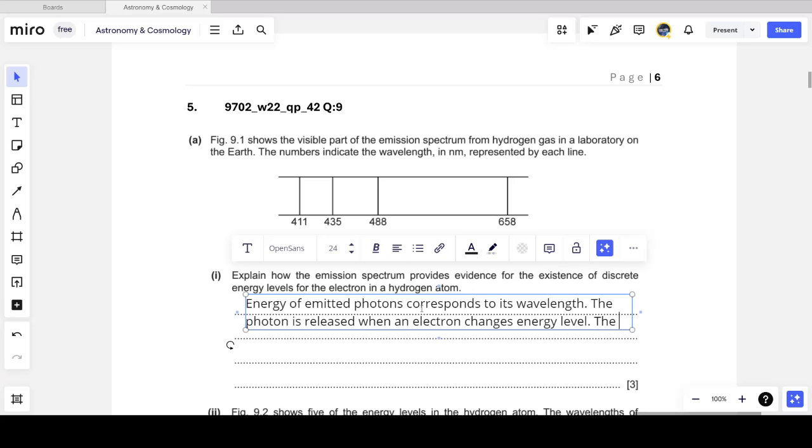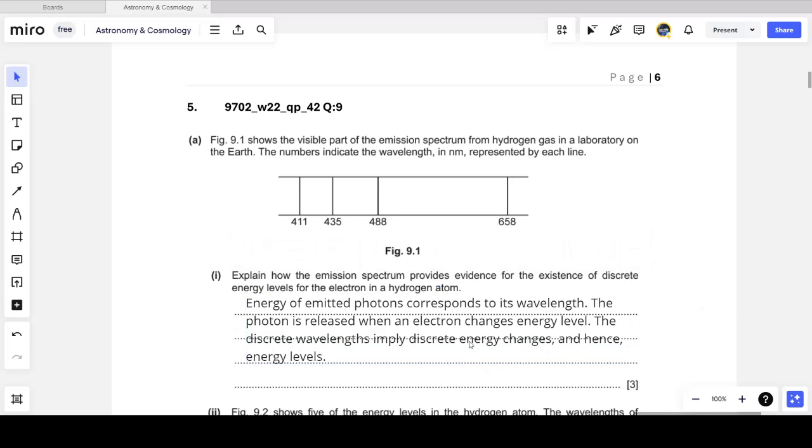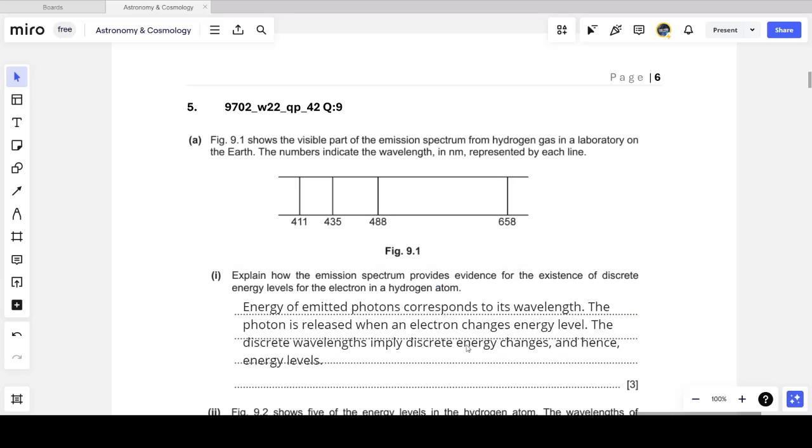So what this means is that the discrete wavelengths that we see imply discrete energy changes, which can only happen if there are discrete energy levels, and hence discrete energy levels.